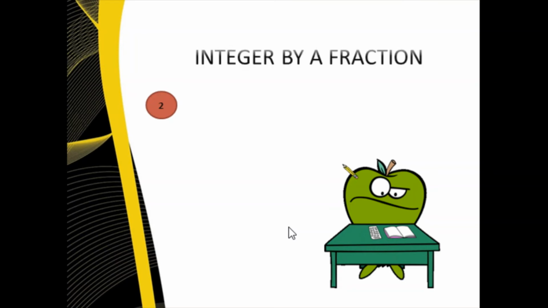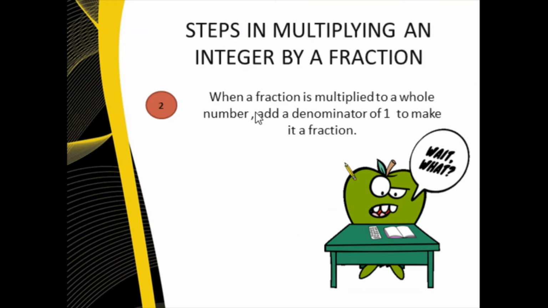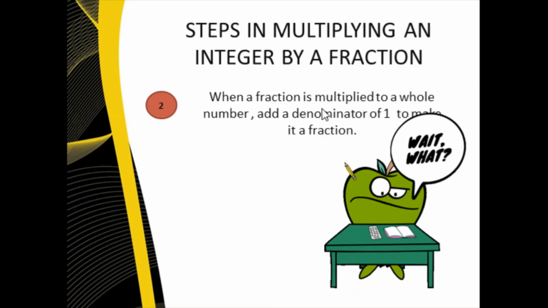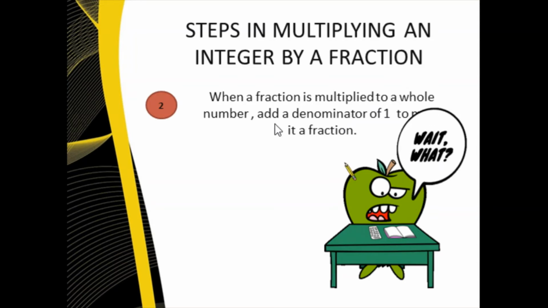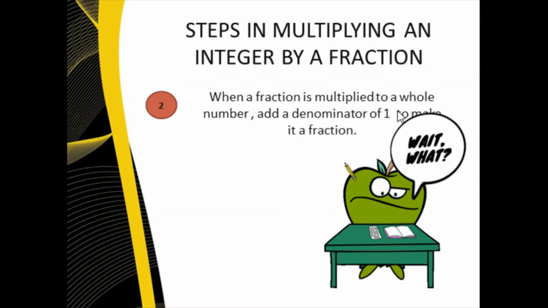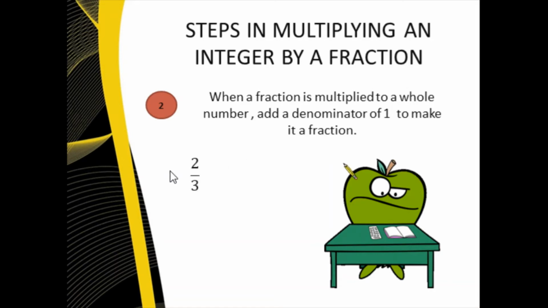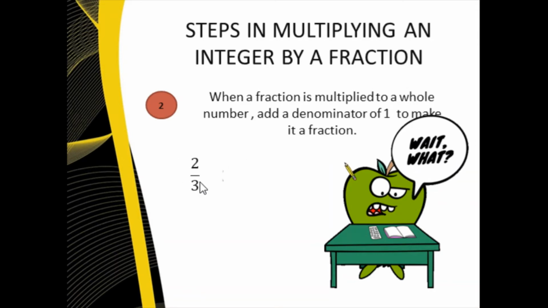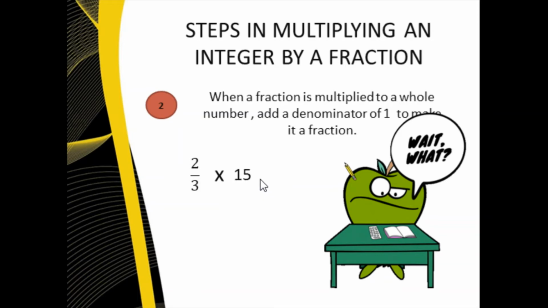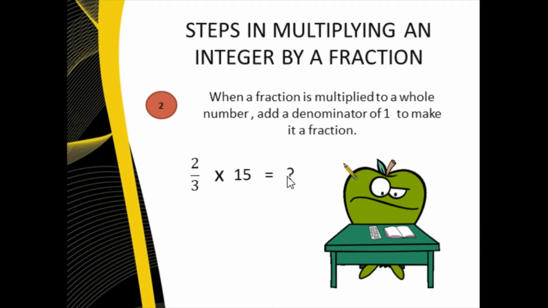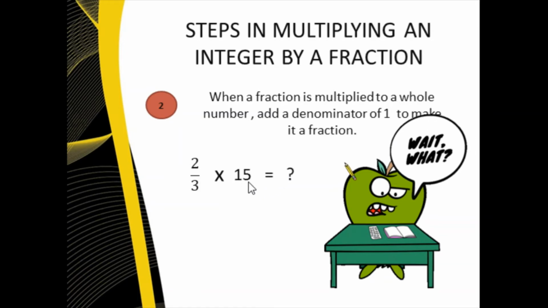Second, when a fraction is multiplied to a whole number, add a denominator of 1 to make it a fraction or to make them look the same. For example, we have 2/3 times 15. 15 is a whole number or an integer.